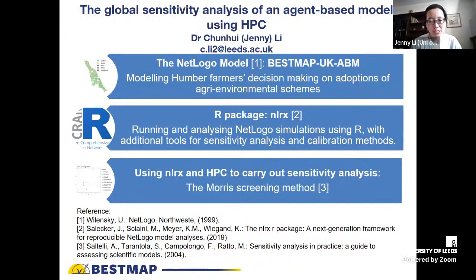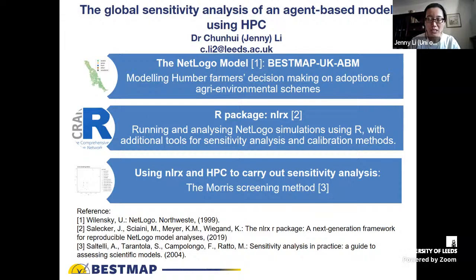In a model development cycle, we usually go through design, implementation, verification, and calibration. In the later stages, we need to run a lot of simulations to assess the model, and I'm using this R package, RNetLogo, which can run the model through R.